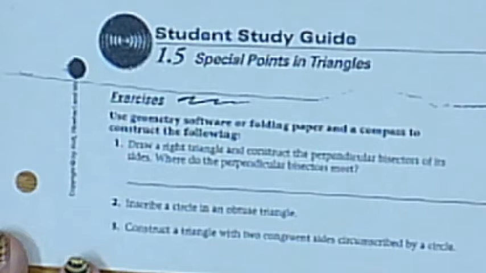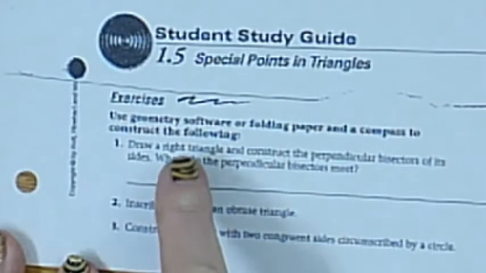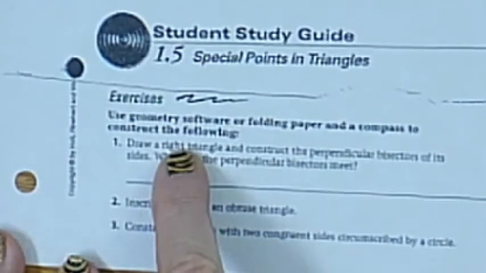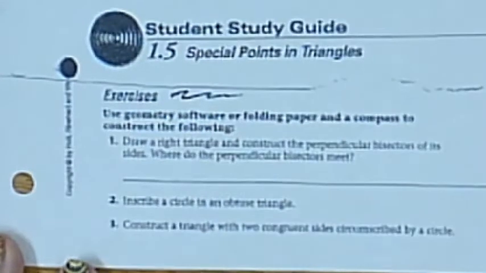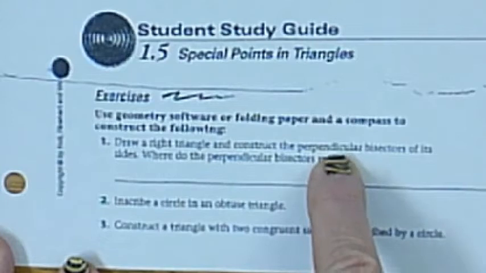But we're going to use the drawing and the construction of number 1 also with number 3. So I'm back on number 1. When we do the perpendicular bisectors, it creates what type of circle? Perpendicular bisector, so that's the sides. Creates what kind of circle?